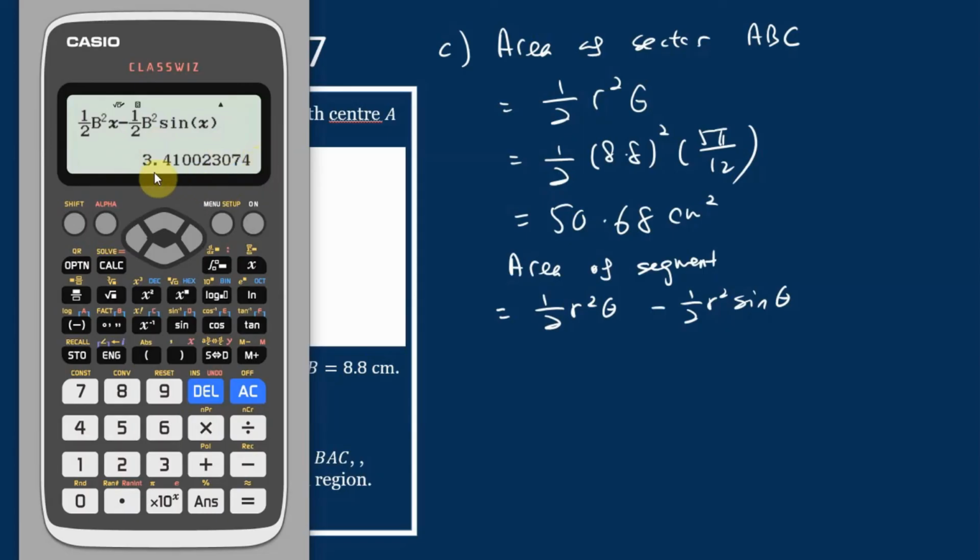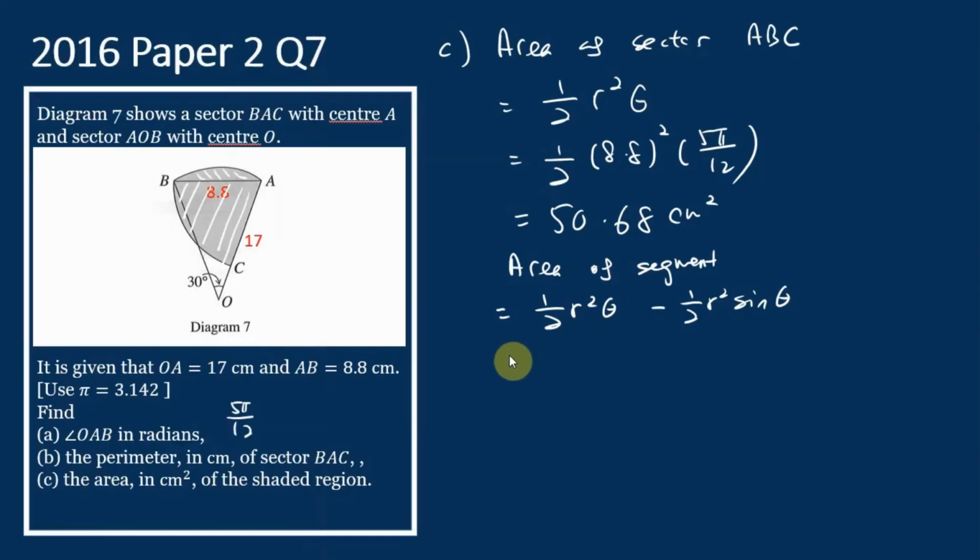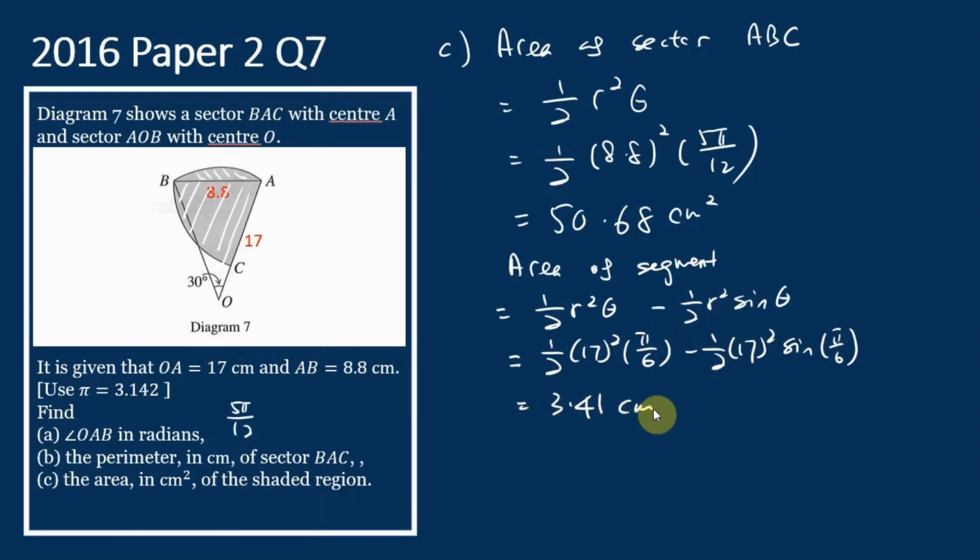So the area of the segment is equal to half 17 squared times pi over 6, minus half 17 squared sine pi over 6, which is equal to 3.41 centimeter square.